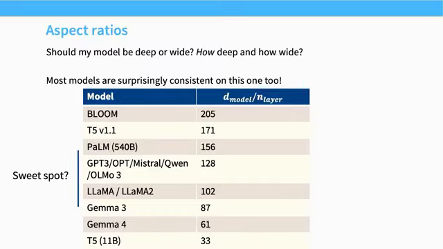You don't really see models go too deep, and you also don't see models go too wide in either direction, right? Most models have a ratio of about 100 d_model over n_layers, so about 100 width for every layer that you have. This is true for GPT-3 or Llama or any one of these models.